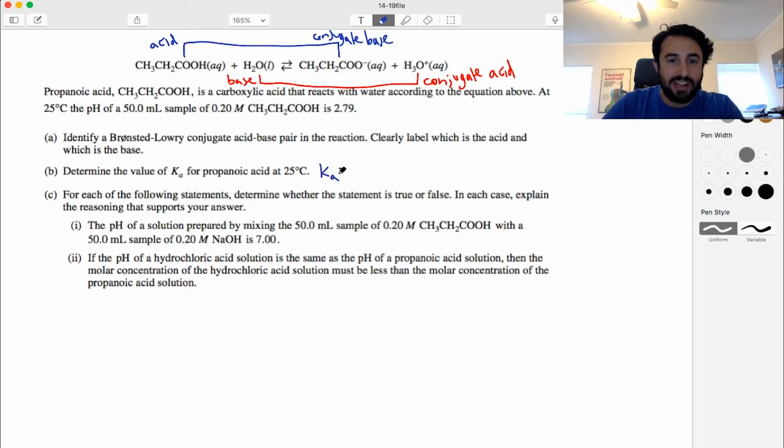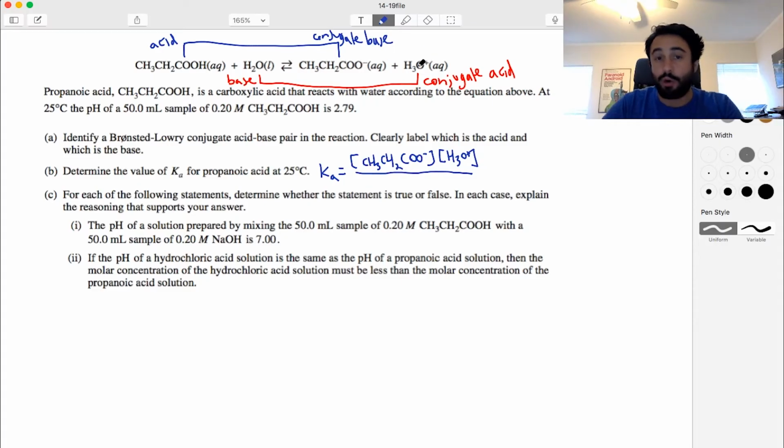So just like any other equilibrium, we're looking at aqueous and gaseous species. So water will not be in there, but we're going to have CH3CH2COO minus times H3O plus, right? Because we do products on top, so that's these two.